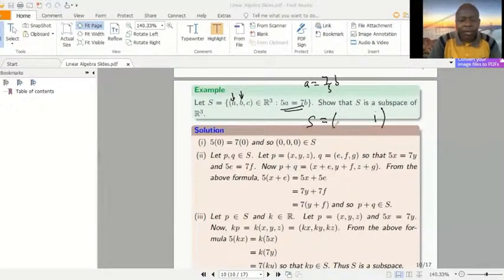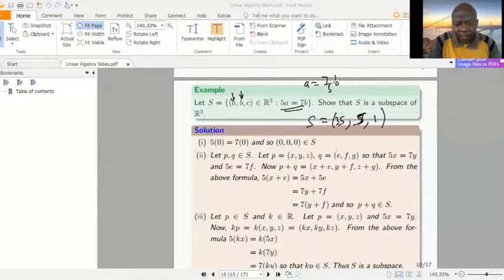But what I know is that if B is 5, then A must be 7. This is just an example, I'm just showing you what it means.